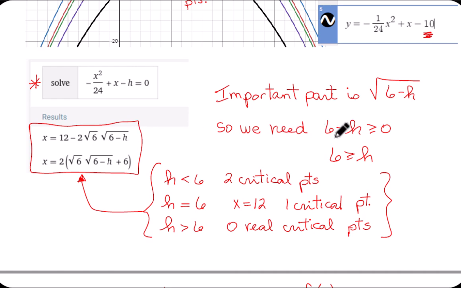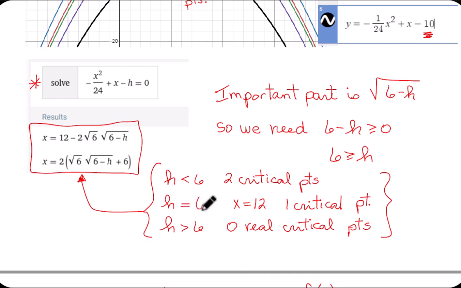And what do I notice? Well, if 6 minus h is greater than or equal to 0, which I need to happen to get the square root to give me real values, then I need h to be less than or equal to 6. So if h is smaller than 6, we saw 2 critical points.